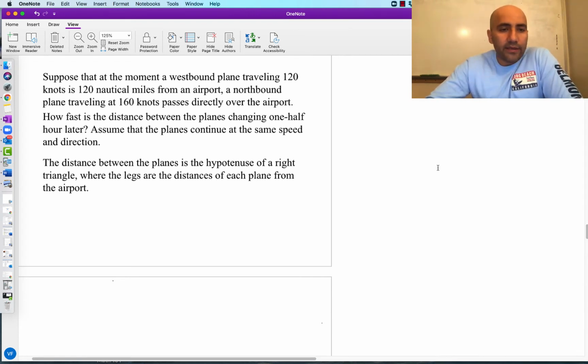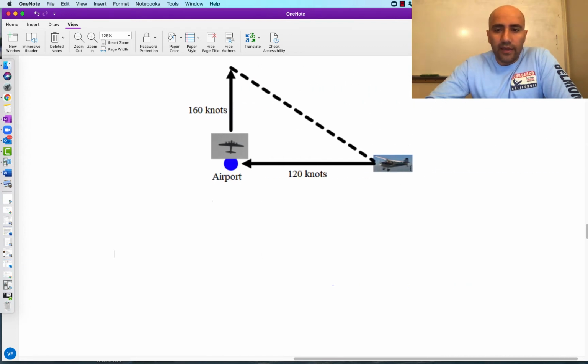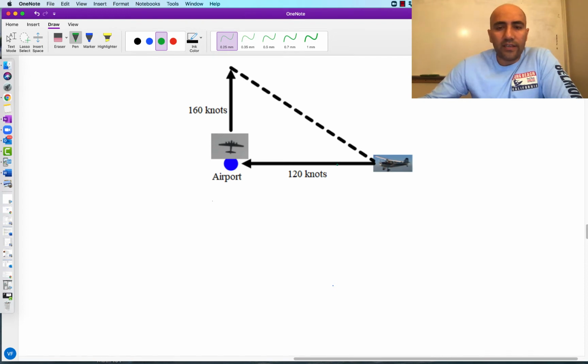Okay, so your author provided this nice little graphic for it. So we have a westbound airplane. So this is the westbound airplane. See the little arrow here, the direction. And then we have another airplane here heading northbound.